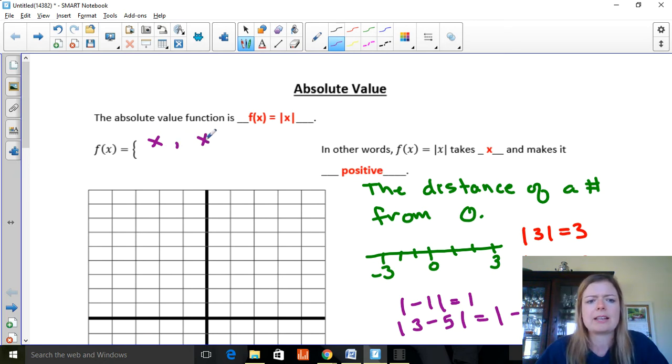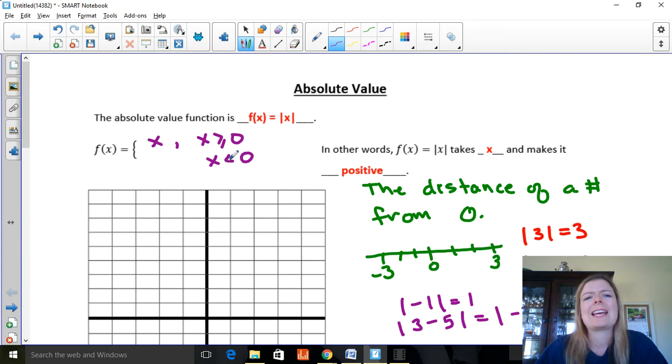f(x) is just equal to x for all x greater than or equal to 0. So if x is positive, then the absolute value of that number is just the exact same thing. If x is 3, its absolute value is 3. If x is 17, its absolute value is 17. But if x is less than 0, it becomes positive.